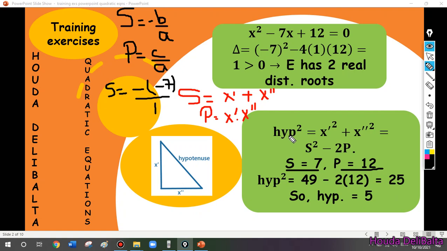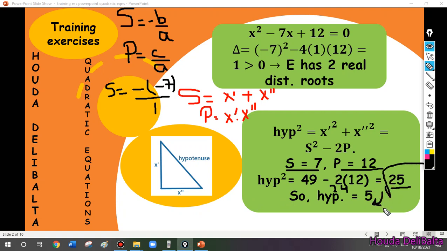To evaluate this, s squared means 7 squared, which is 49, minus 2 times p, minus 2 times 12, which is 49 minus 24, and that is equal to 25. Thus hypotenuse squared is equal to 25, then the hypotenuse is surely the radical of 25, which is 5.